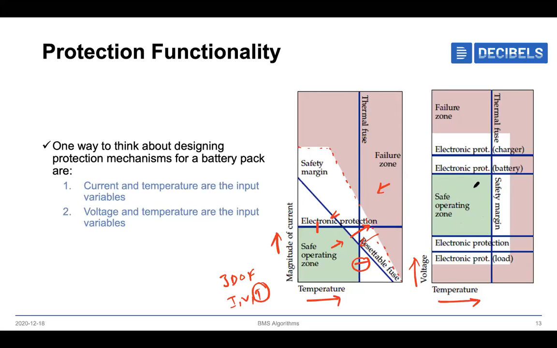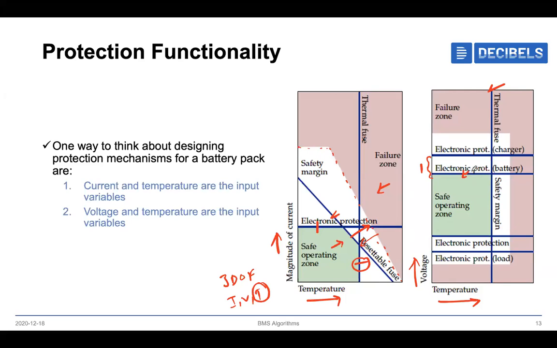So we have over voltage protection and under voltage protection, and also charger side protection and load side protection. If you consider these two as one degree of freedom, then with one here, it makes a total of three degrees of freedom.